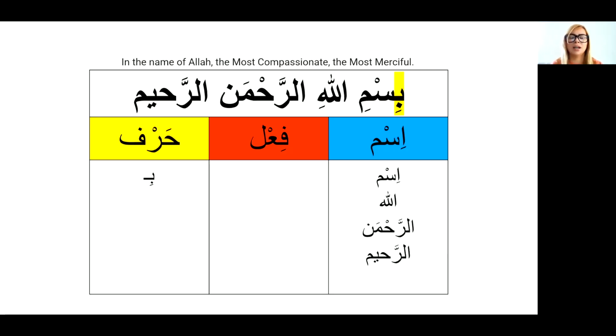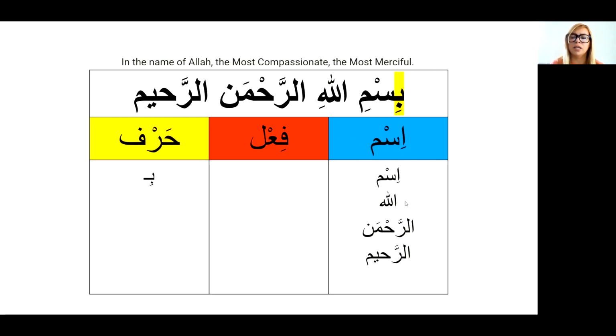Let's look at the answers. So the B is a particle of jar. Ism over here, Allah, Ar-Rahman, Ar-Rahim. So we don't have any verb. We have the B, which is a particle of jar. So in the name of God, Bismillah.